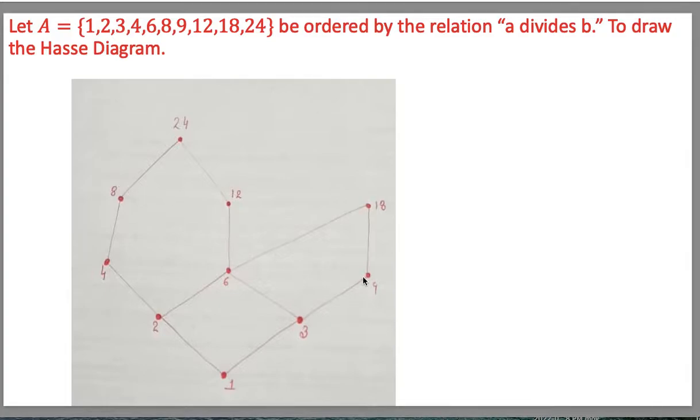Next element is 9, I have written 9 here because 3 divides 9. 6 does not divide 9, 4 does not divide 9. Next element is 12, I have written 12 here because 6 divides 12. Next element is 18, so I have written 18 here because 9 divides 18, 6 also divides 18. Next element is 24, I have written 24 here because 8 divides 24 and 12 divides 24.